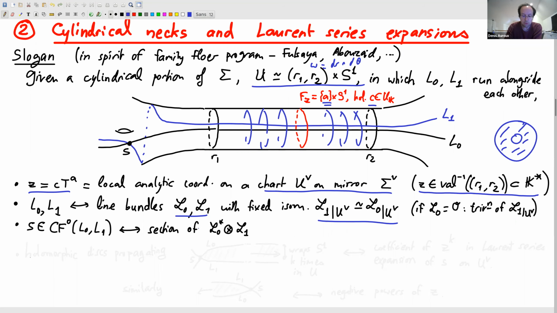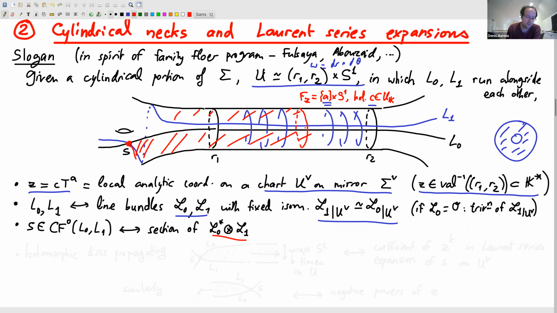Okay, so for example, an intersection S between L0 and L1 that lives somewhere far away. I didn't want to put it too far away so we don't lose sight of it, but it could be very far away on the surface. It is now going to correspond to a section of the difference of those two line bundles, and now I can try to evaluate it at points in my cylinder. And what I will get is something very similar to the picture I had drawn before, just on a global cylinder.